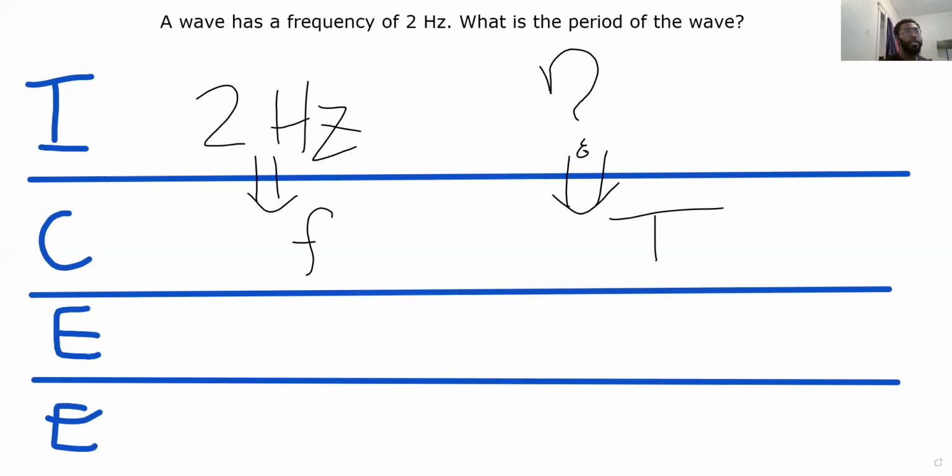The first way is the very simple way where you don't have to do any algebra, okay? The second way, we're going to go over the algebra for those of you all who are interested. So for the first way, when we do our equate step, we're going to use the equation period equals 1 over frequency.